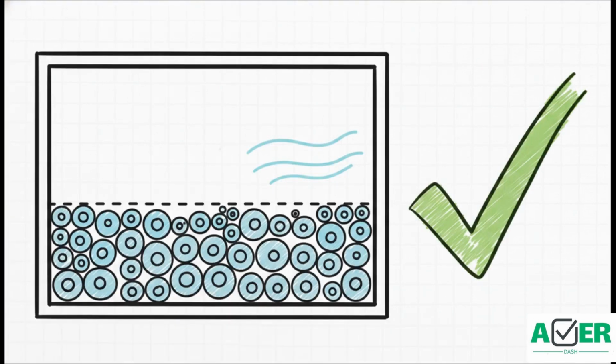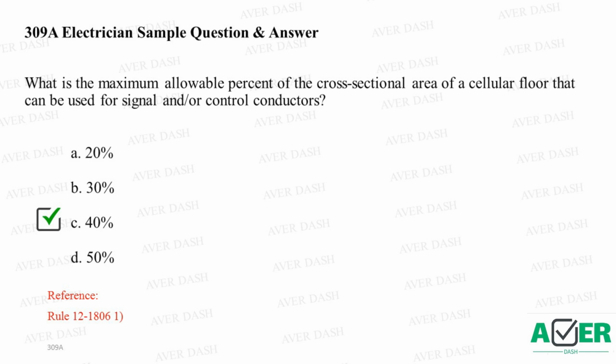Okay, let's see how all of this builds directly into the answer for our exam question. Circling right back to our challenge, what is the maximum allowable percent? Well, if we open our codebook to Section 12, specifically Rule 12-1806, Subrule 1, it lays it out perfectly. It dictates that where a cellular floor contains cables, other than specific types like mineral insulated or armored cable, the aggregate cross-sectional area of the insulated conductors, bare conductors, and cables shall not exceed 40% of the interior area of the header feeding those individual cells.